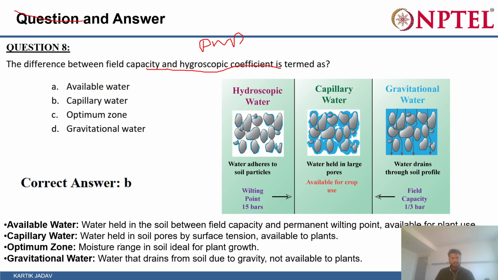Then capillary water is water held in soil pores by surface tension that is available to plants. So whatever water is stored between field capacity and hygroscopic coefficient is termed capillary water.